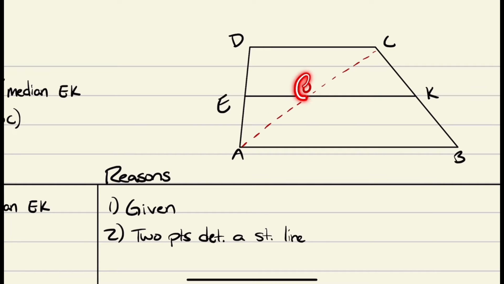But I can state that this line does bisect it because we've stated that since these lines are parallel, and we do know that the median of a trapezoid is parallel to the bases. We don't necessarily have to state that. We can state it as one of the reasons for stating things.